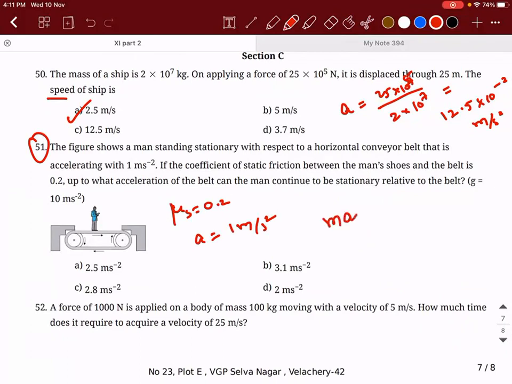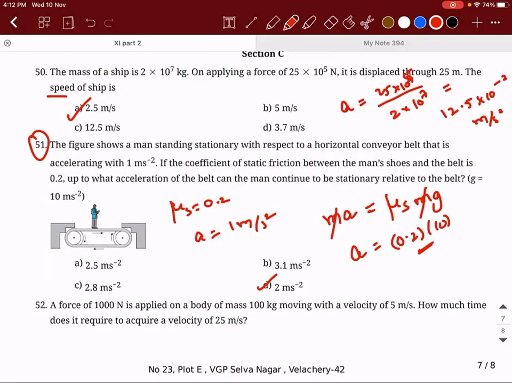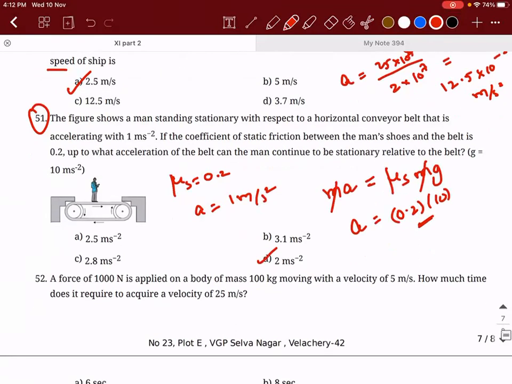Mass of the man multiplied with acceleration should be balanced by mu s into mg. This and this will get cancelled. So a is equal to 0.2 into 10, so it is 2 meter per second square. If you observe in this question, they have not given the mass of the man because it gets cancelled.